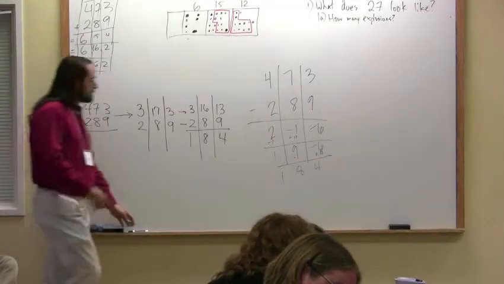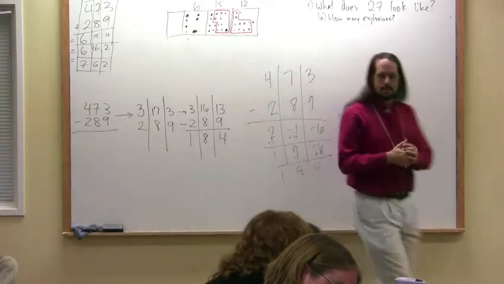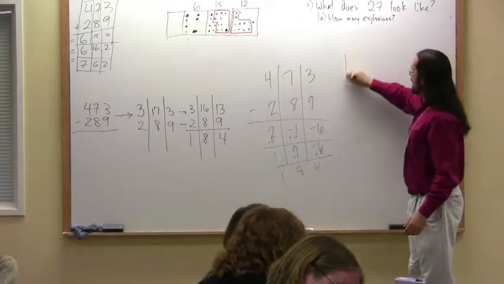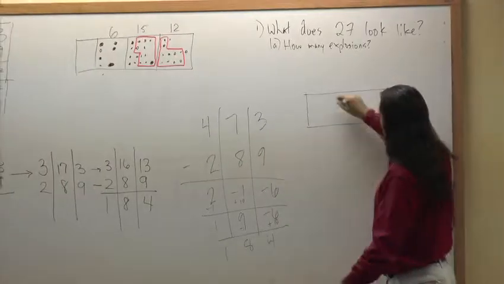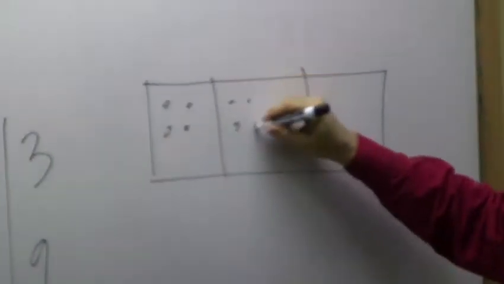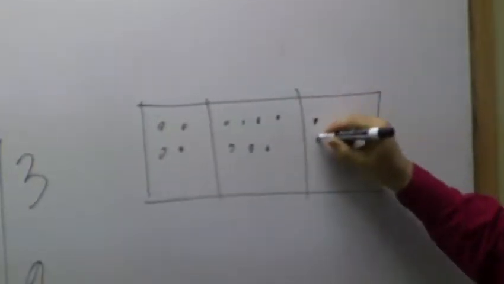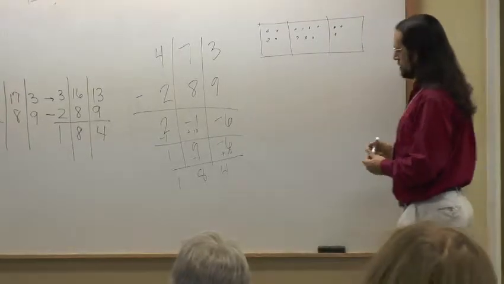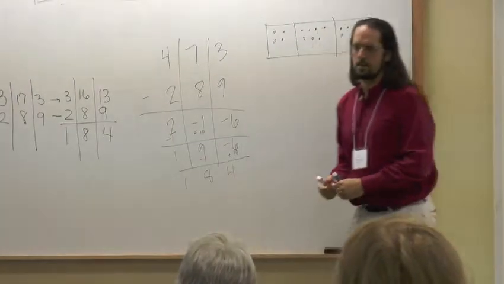I'm going to talk about this one just a little bit more because I kind of think of it like this. I have 473, and I want to take away 289. Well, the way pebbles disappear is they explode, right?